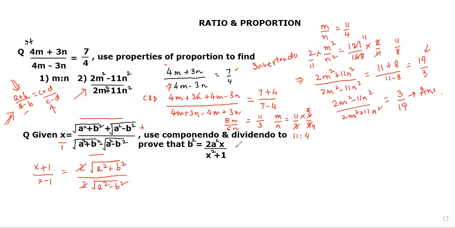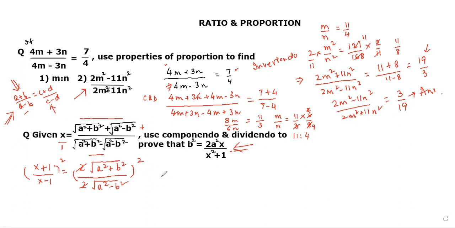And is there any square root here? So what do we do to remove the square root? We square on both sides. I'll square on this side also, and I'll square on this side also.